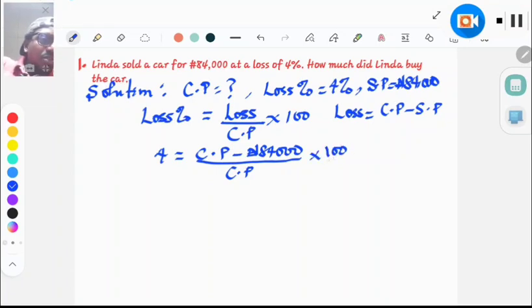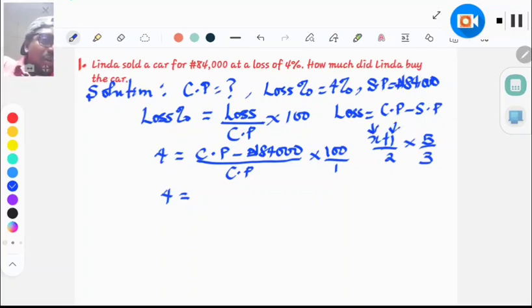Now it's important to know that the 4 is the same as 4 over 1. It means this 100 needs to multiply the numerator. In a fraction, when you have 1 over 2 times 5 over 3, this 5 is to multiply 1. Or if I add x plus 1, this 5 is going to multiply x, and it's also going to multiply 1.